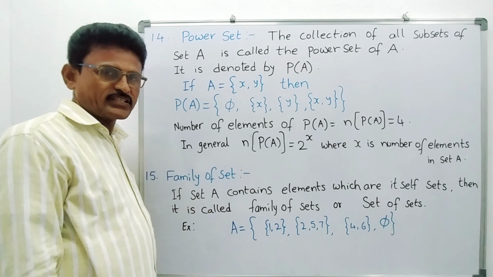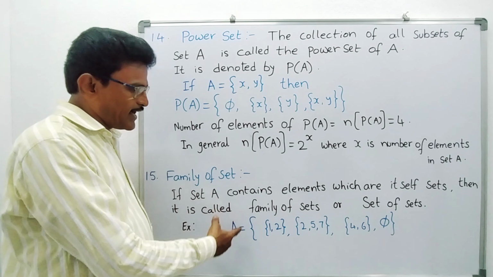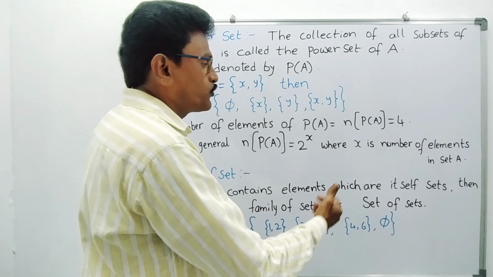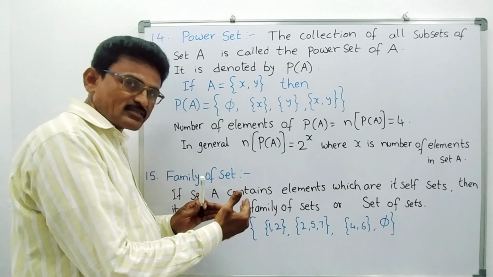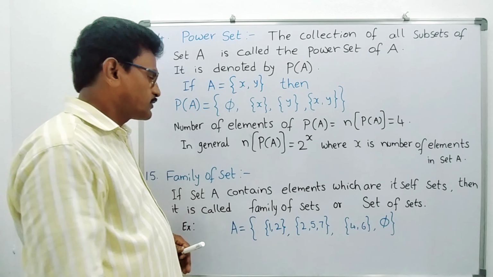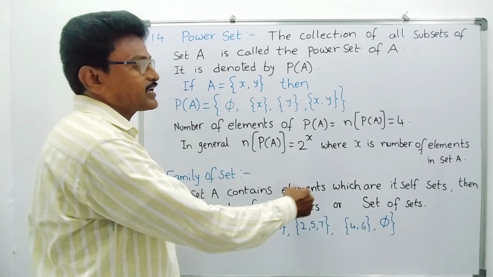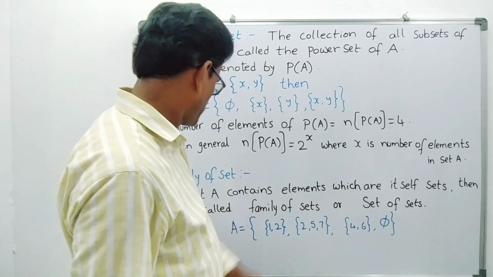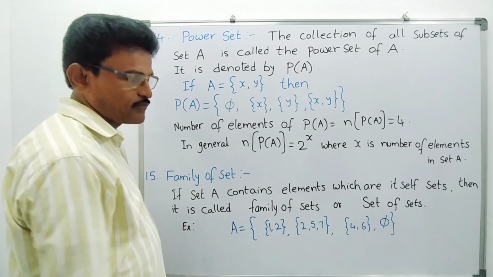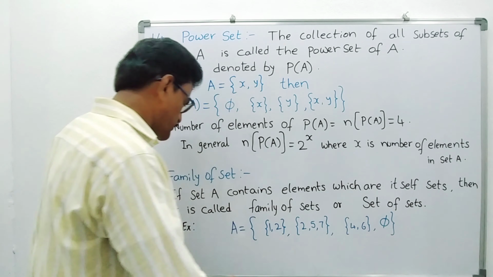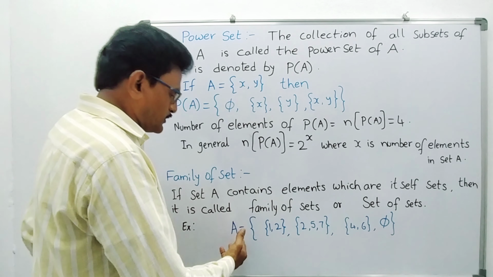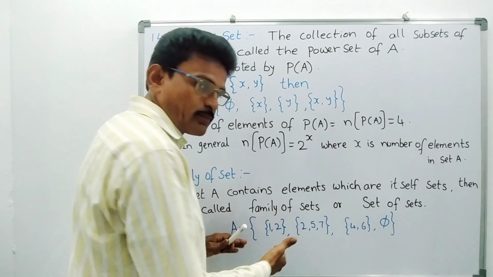Now what is a family of sets? If set A contains elements which are itself sets, so in a set we are having some different sets, then it is called a family of sets or set of sets. See here set A. In this some elements are there. What are these elements?